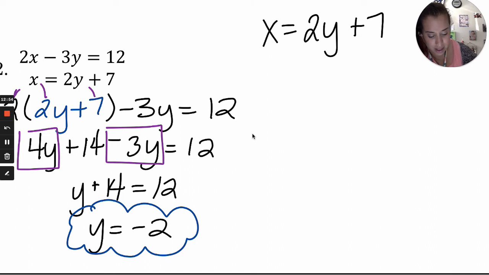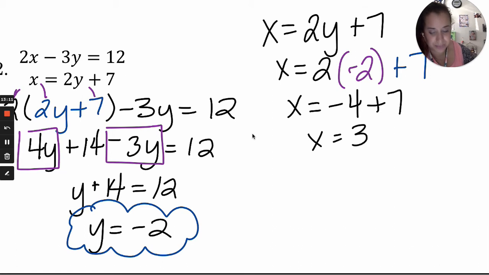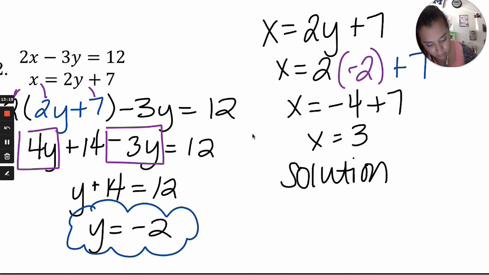So I'm going to plug in that negative 2. So x equals negative 4 plus 7, x equals 3. Right? Okay, so my solution is 3, negative 2.